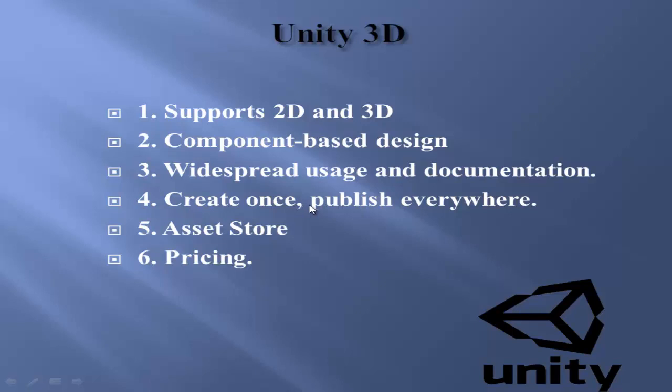First, support 2D and 3D. Second, component-based design. Third, very easy to use, and documentation. Fourth, create once, publish everywhere. Fifth, asset store. And last is pricing. Now I'm telling you the details of the properties.